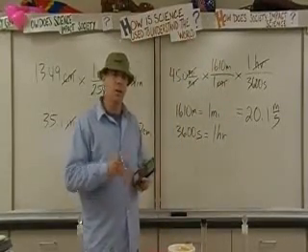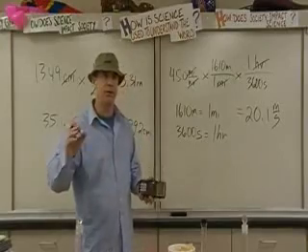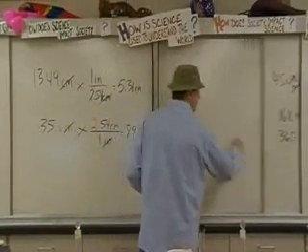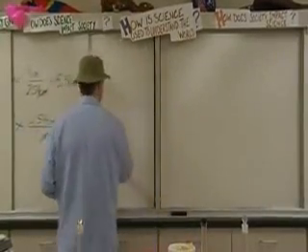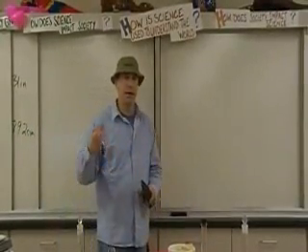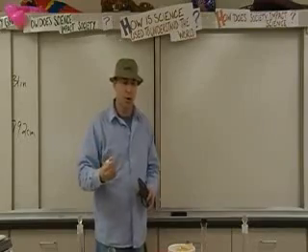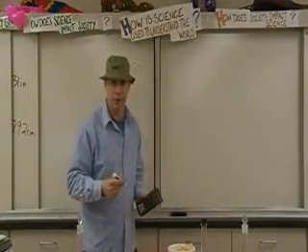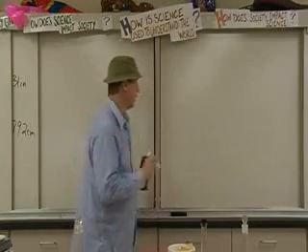Now there's one more step to this that I'd like to show you an example of because it's confusing to people. I'm not sure why, but let me show you. It's when you're converting areas or volumes, like square centimeters to square inches. Let's try a square centimeter to a square inch. That's an area to an area.